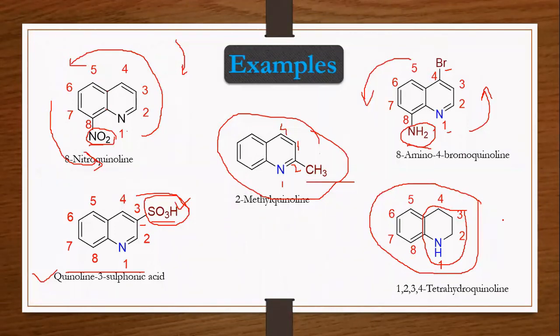Thus, we can give the IUPAC name as the numbering is the same, 1, 2, 3, 4, 5, 6, 7, 8. But at positions 1, 2, 3 and 4, there is no double bond. There is a presence of hydrogens. Here is a hydrogen, here is a hydrogen. Hence, there are 4 such positions. Thus, the name is 1,2,3,4-tetrahydroquinoline.